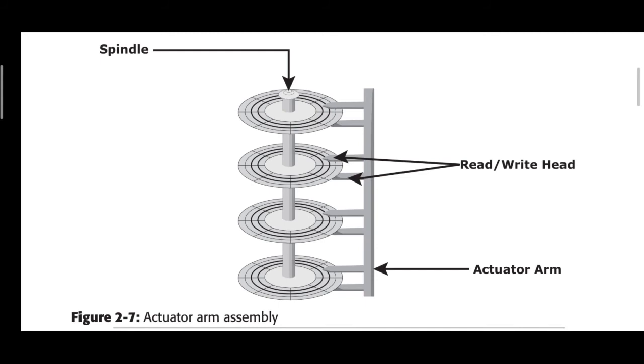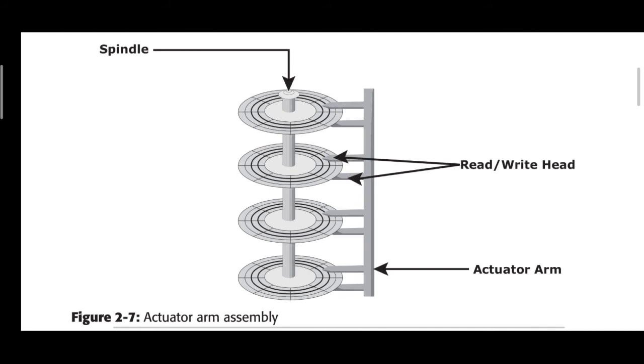So the spindle is there at the center. There are various platters, they are clubbed together in HDA. As you can see, 1, 2, 3, 4 different platters and 4 different read write heads, right? That read write head is held by the actuator arm assembly.